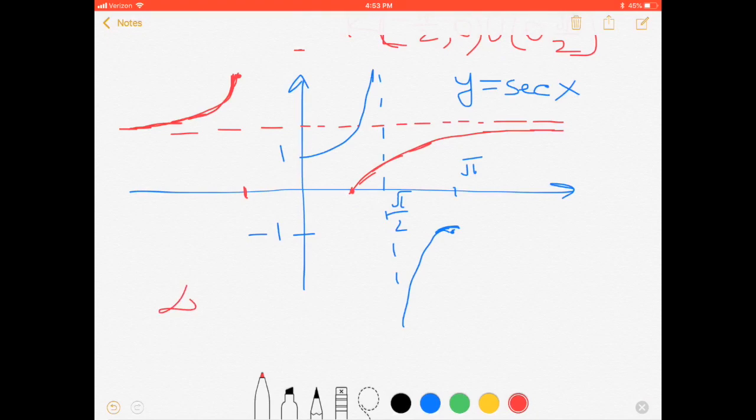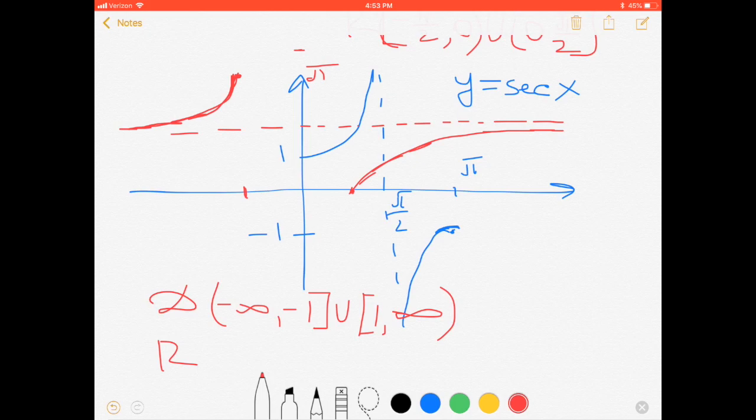And domain, our new function will be from negative infinity to negative 1, and from 1 to positive infinity, and range will be from 0 to pi over 2, and pi over 2 to pi.